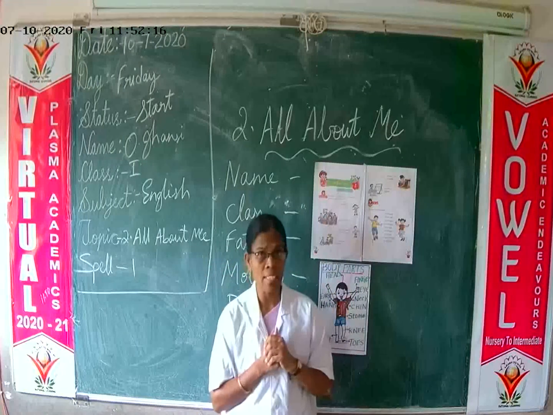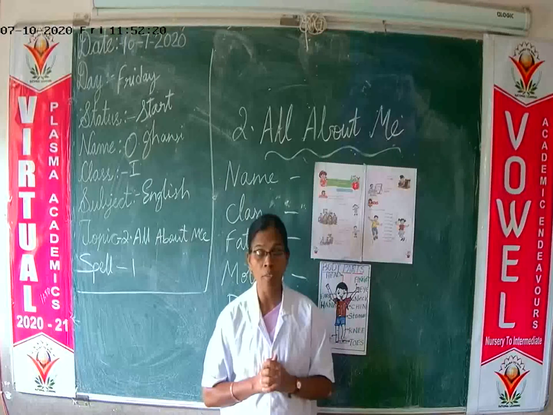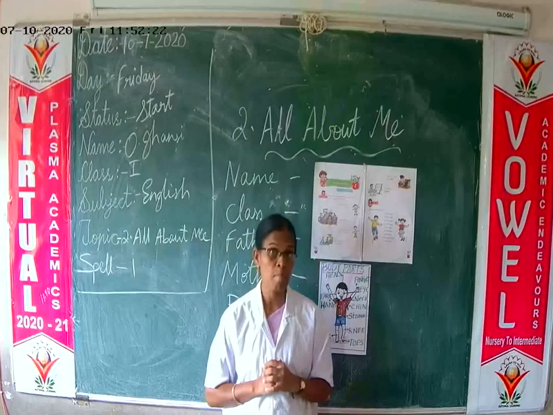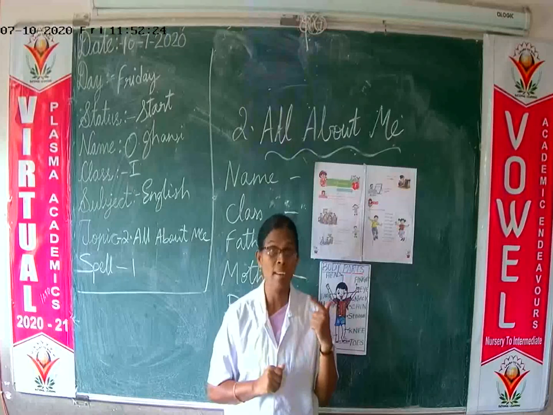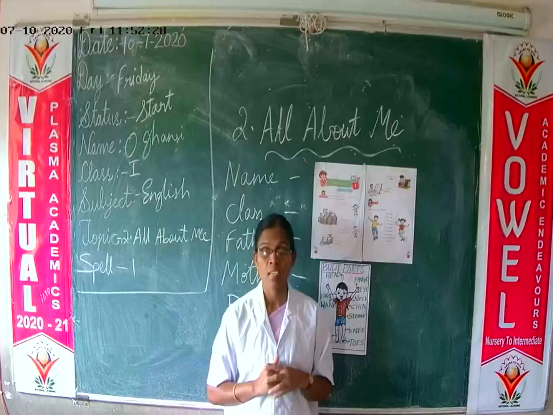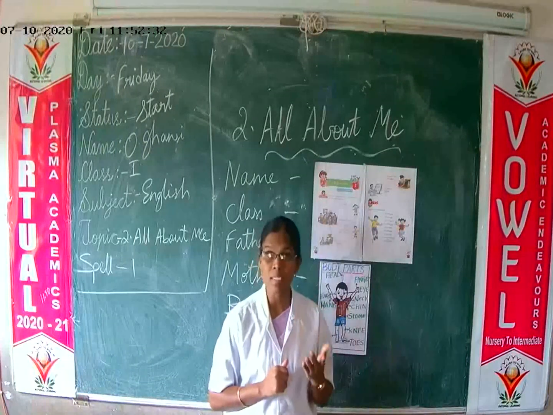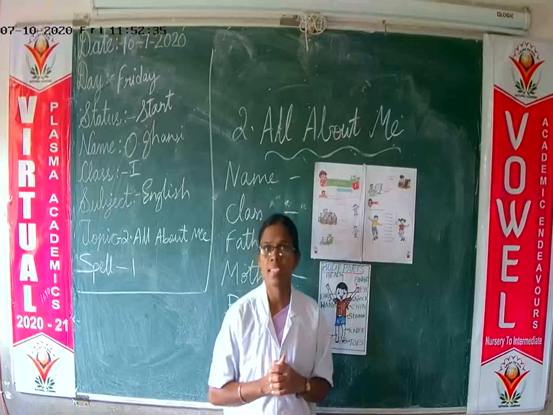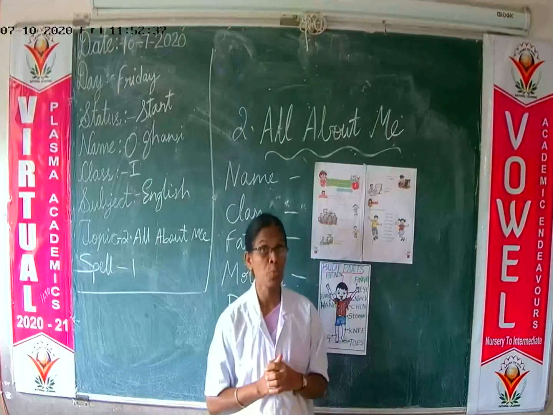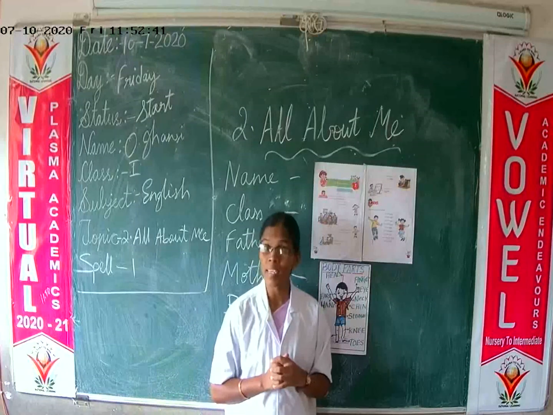So if I ask you, on one hand how many fingers do you have? What will you answer? So you should remember, you should understand the question when we ask you. Yes? In examination also, you should read the question and understand. Then only you can write the correct answer.